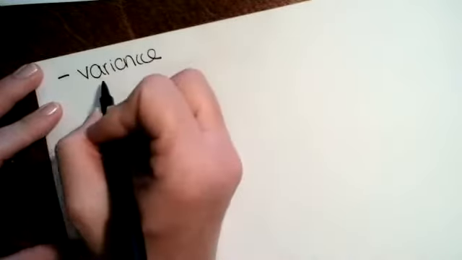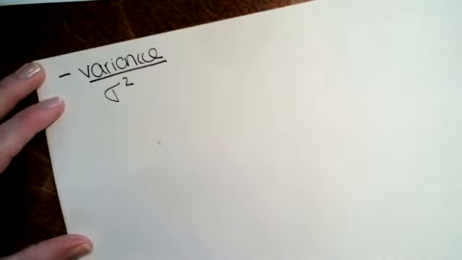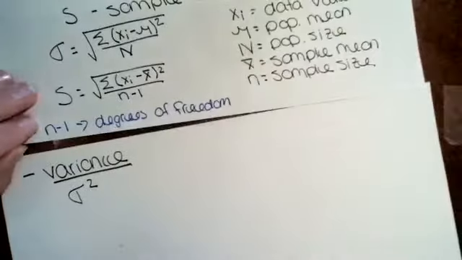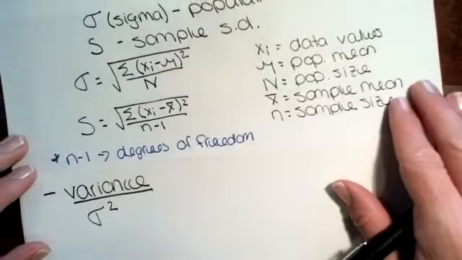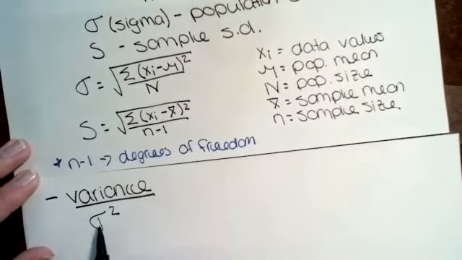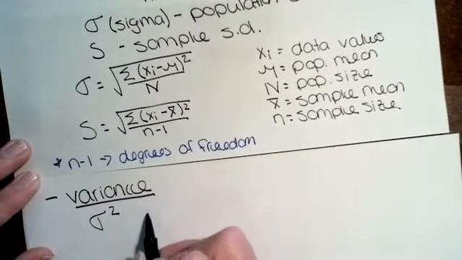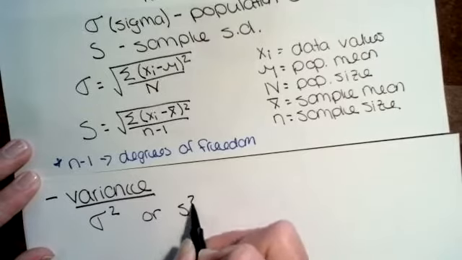So the last way of measuring spread is called the variance. And for the variance, we really don't use this often, but the variance is just going to be my sigma squared. So our variance is our sigma squared, or we can use S squared.